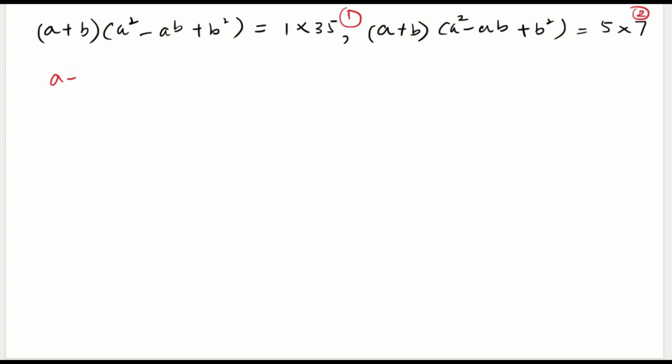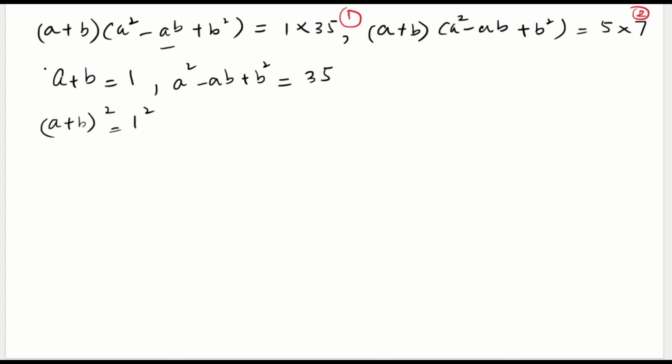So here a plus b is equal to 1 and a square minus ab plus b square is equal to 35. Taking the square on both sides, (a plus b) whole square is equal to 1 square. We will use the formula a square plus 2ab plus b square is equal to 1. So we will subtract the two expressions.